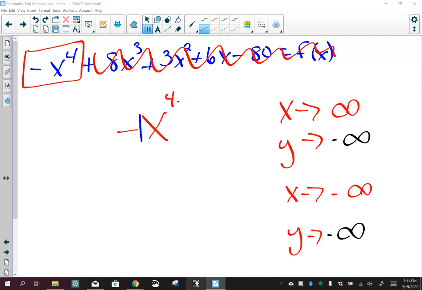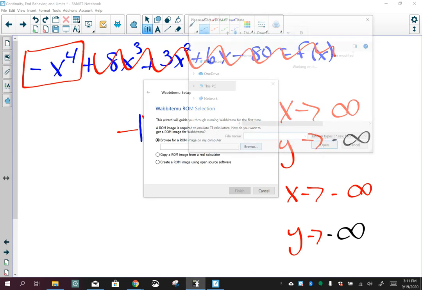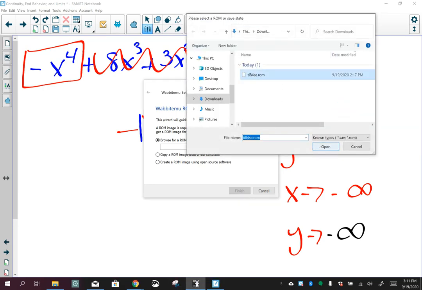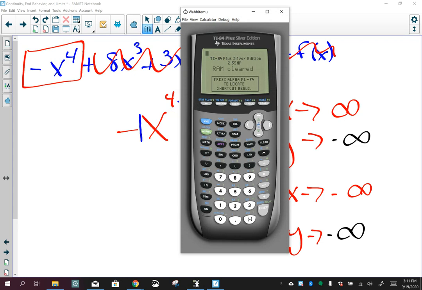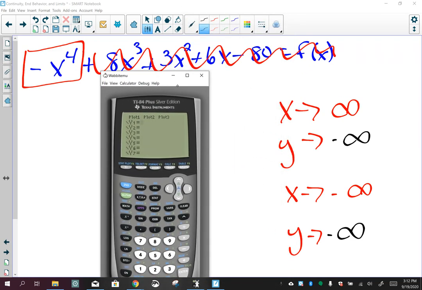And we can look at that by this. So we come in here and we go to y equals. If you want, we can go ahead and put this big long equation in here.